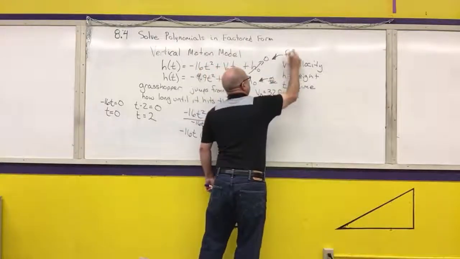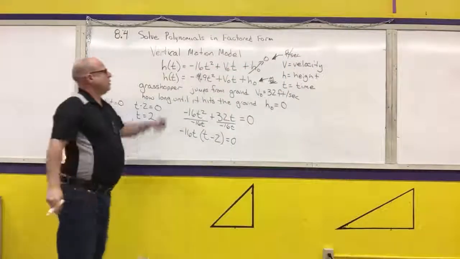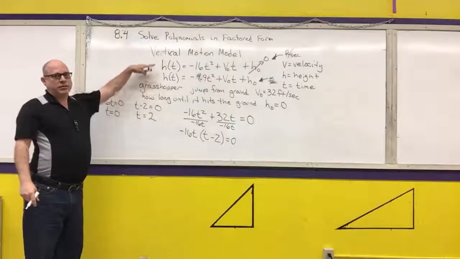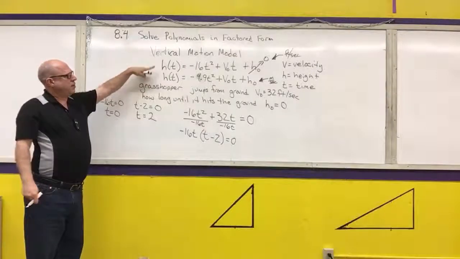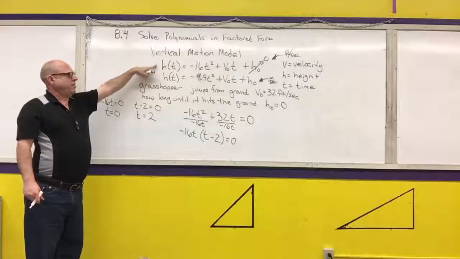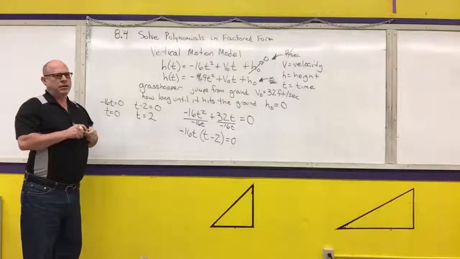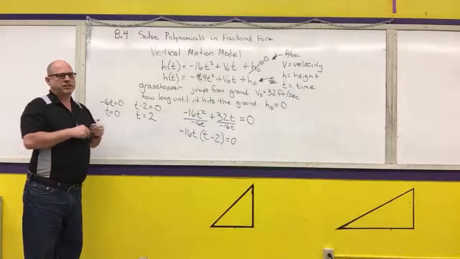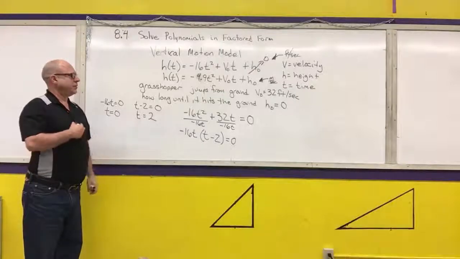I'll put feet per second up there. You need to know these two models. You will see them on probably the Smarter Balanced tests, the SAT test, and definitely you will probably see the top model on homework, quizzes, and tests for this chapter.